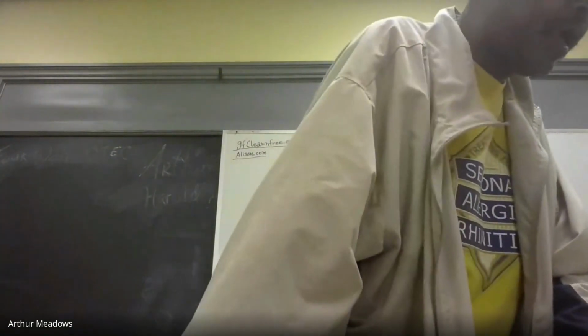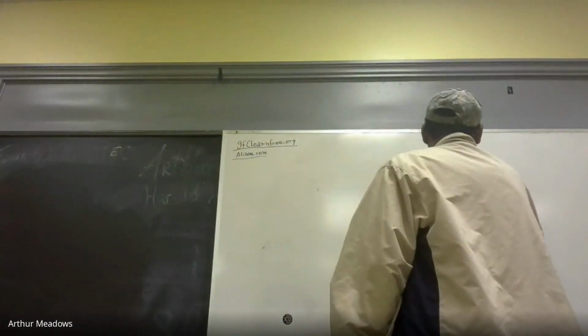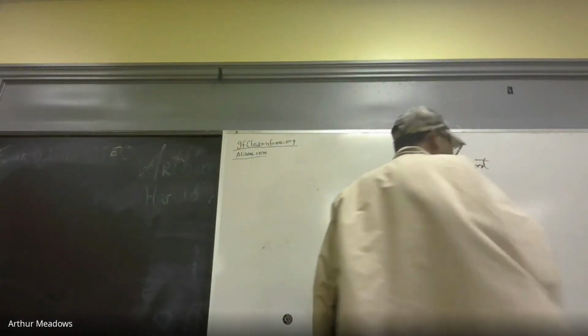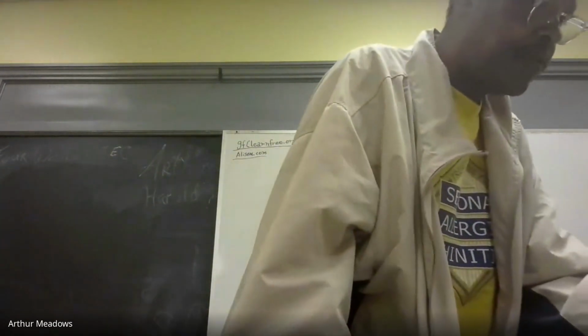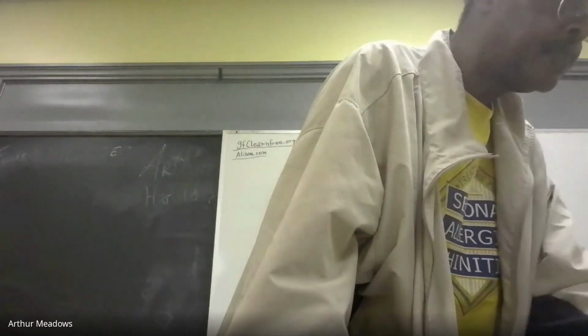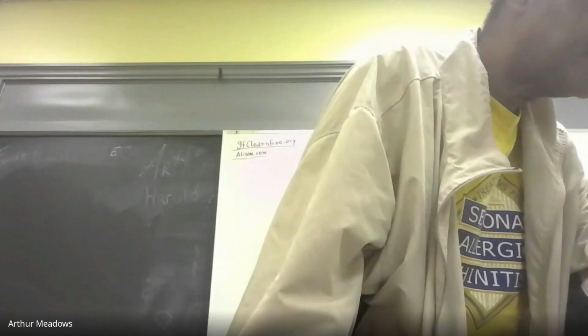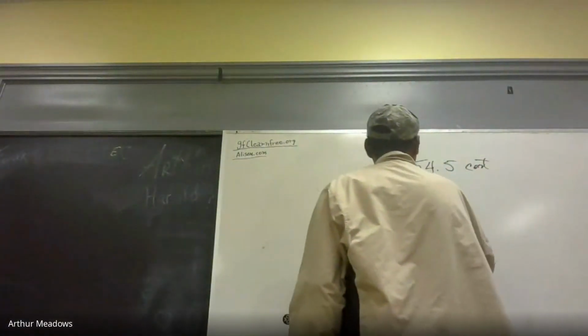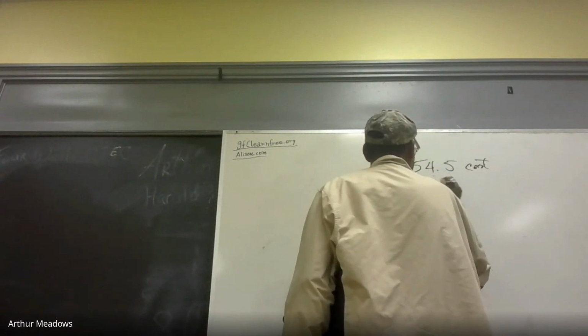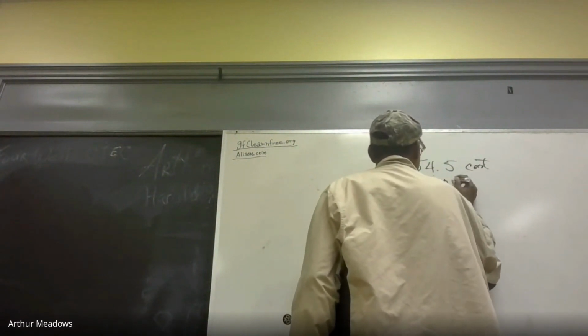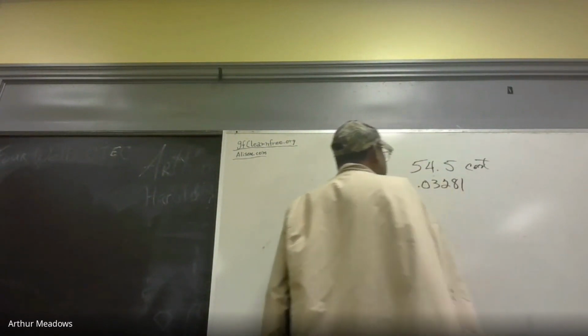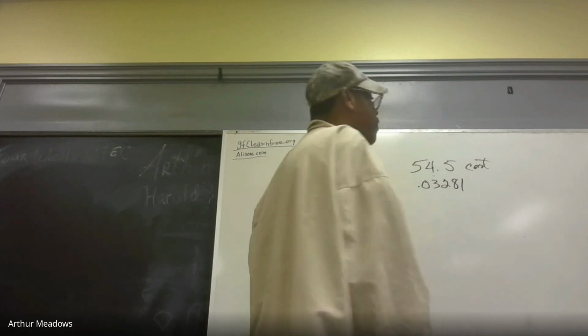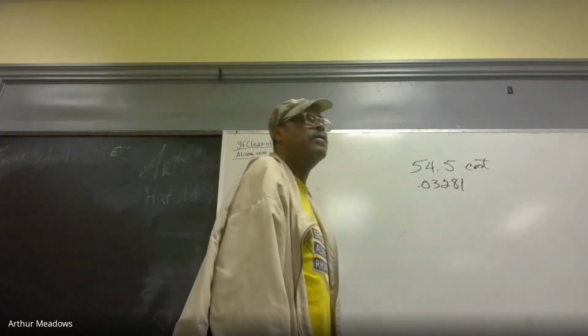Okay, that's the number 8, that's a centimeter. 0.03281. Where's that at? So you don't line the decimals up together?